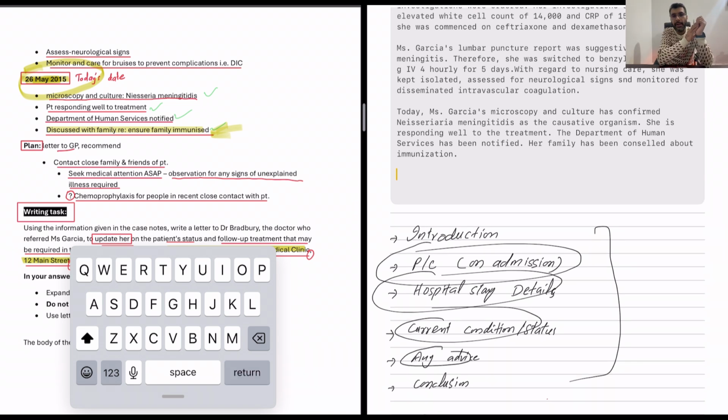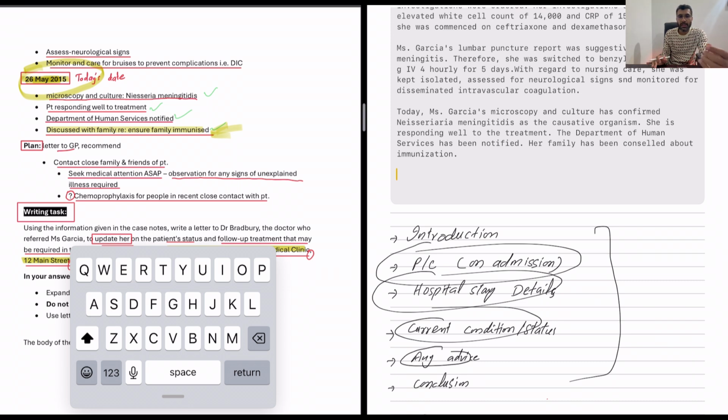Then in the end, we will conclude our letter. In the conclusion, we normally expand our purpose. Here the purpose of our letter is to update the GP. Throughout the letter, we have updated the GP regarding the patient's condition. Now we have some additional purposes.